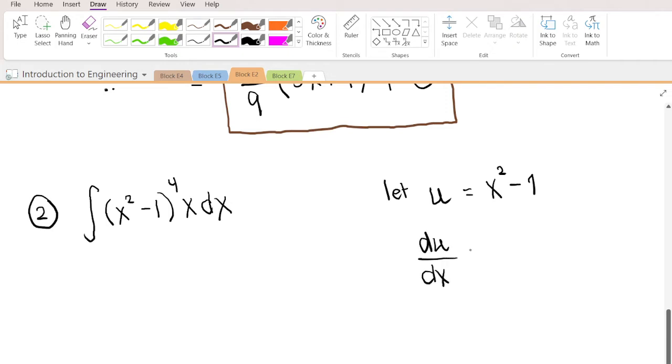The derivative of u with respect to x is equal to 2x minus 0. So you don't need to write the 0. Multiply both sides by dx. Cancel, cancel. So you have du is equal to 2x dx.